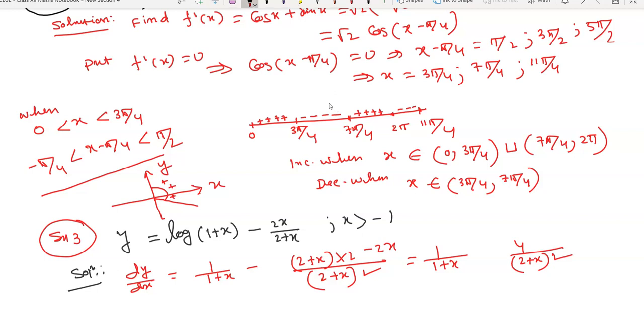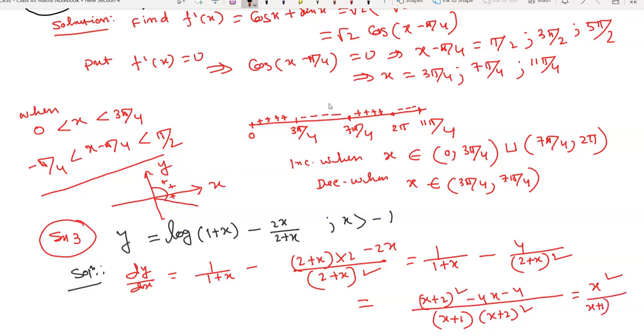So now you have to add these two. On adding these two, it will give us x plus 1 over x plus 2 whole square. All of you can see that here the numerator has become a quantity which is a perfect square, and the denominator is also partly a perfect square.